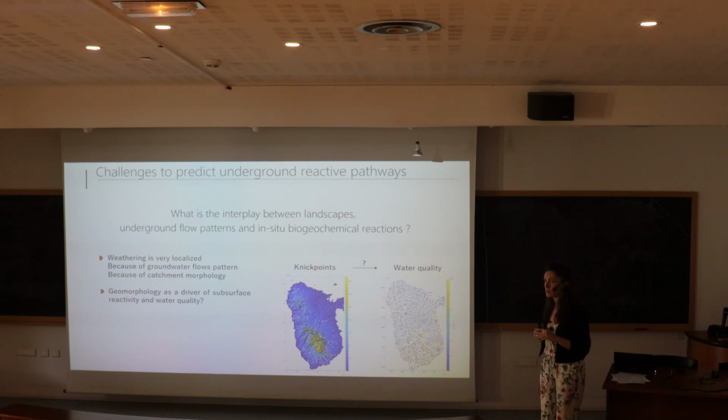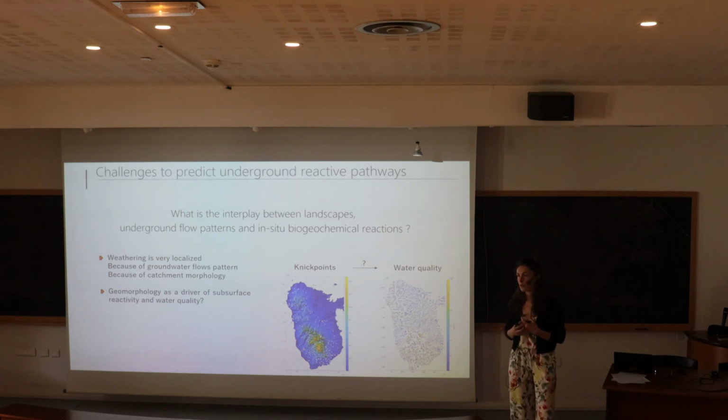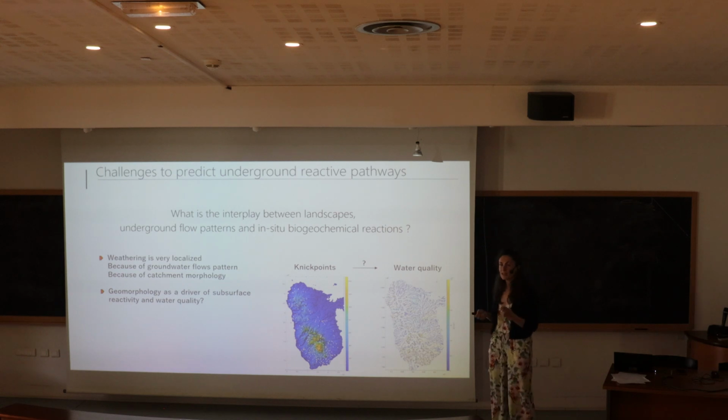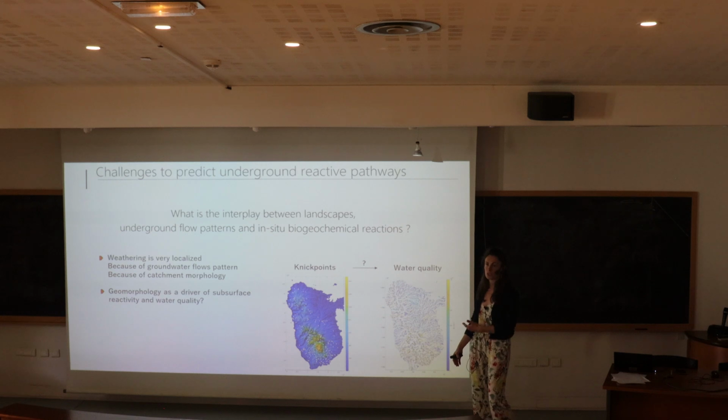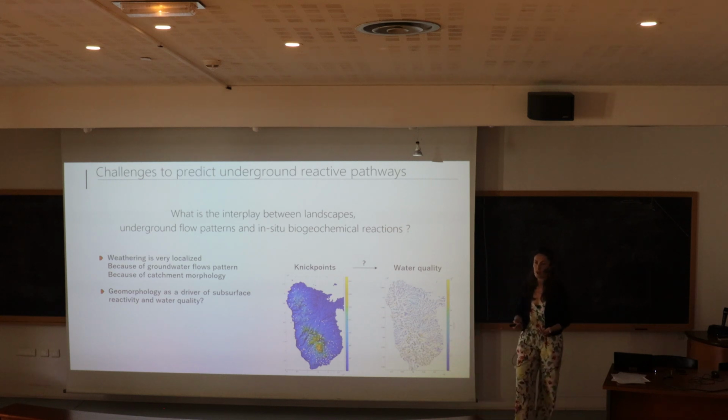I think there are places where it's much, much worse, because the rock initially is basalt, and because it's a volcano, it's basalts everywhere, so you could assume that weathering is more or less the same. But yes, that's where this type of approach stops, and if you want to go a bit further, you would need to add more complexity in the reactive pathways, which here is clearly simplified.